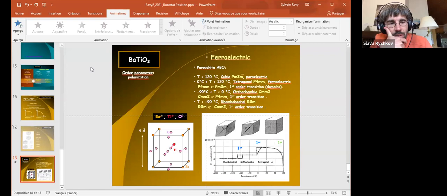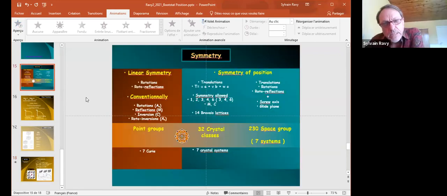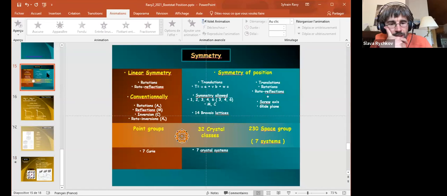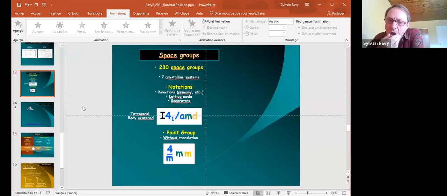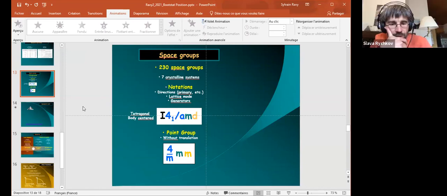I have a naive question about this point group and space group. You said that if we know the space group, then of course we can determine the point group. But the point group is a group of rotations around a point, right? Yes.